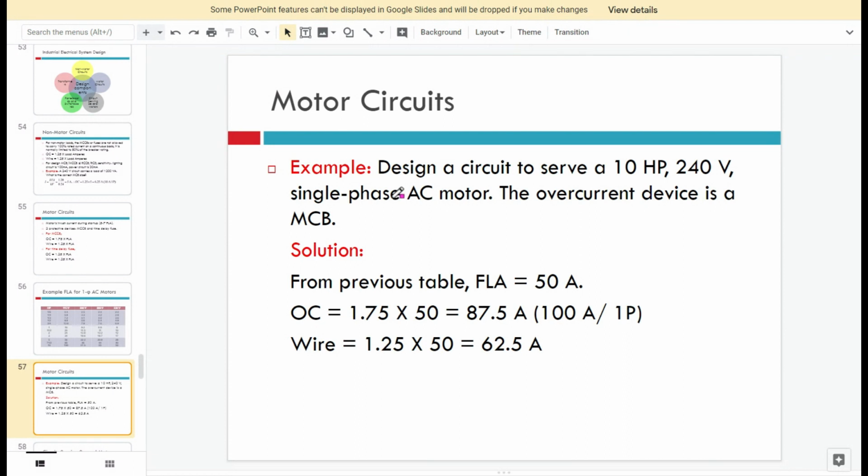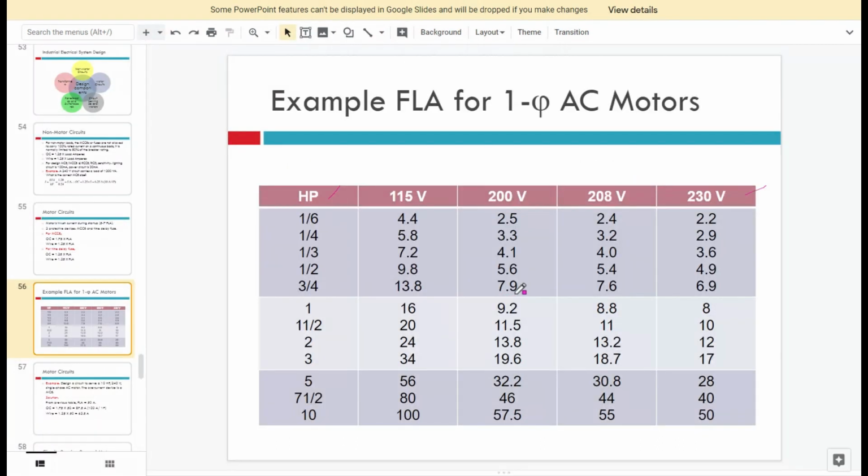Okay, we look at this example of how to identify the sizing for the circuit breaker. Design a circuit to serve a 10 horsepower 240 volts single phase AC motor. The overcurrent device is an MCB. So the solution is we have to refer to the previous table for FLA.